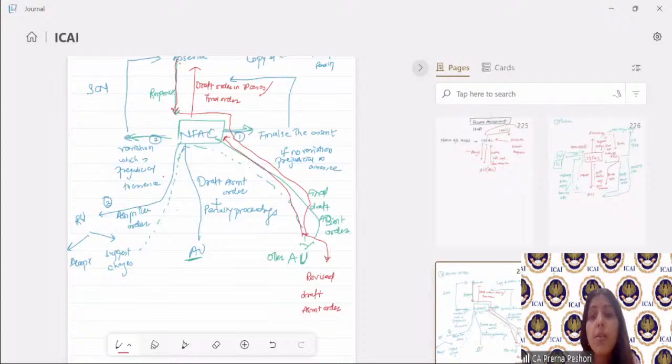We will be starting with 147, reassessment, and finally we will be dealing with the search cases. Assessment in case of search. So search and survey, we have already done in the last class, but what we will be dealing with is the time limits in the case of the search. And the remaining provisions we will discuss.